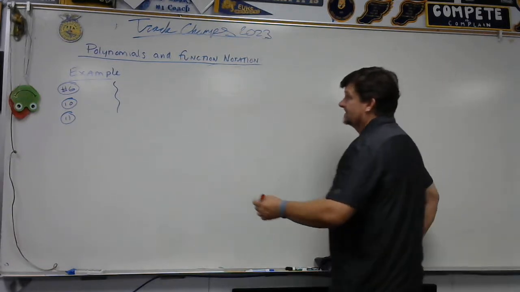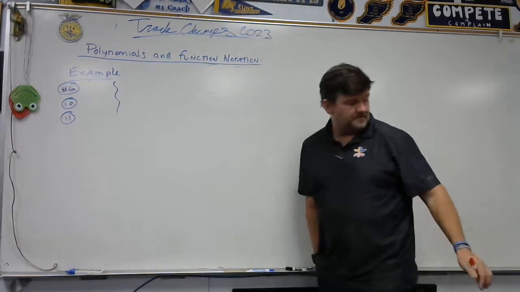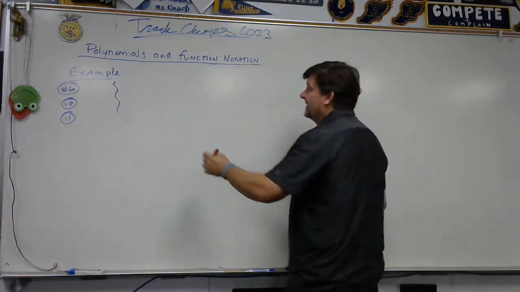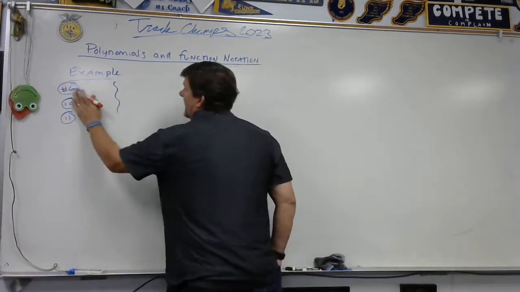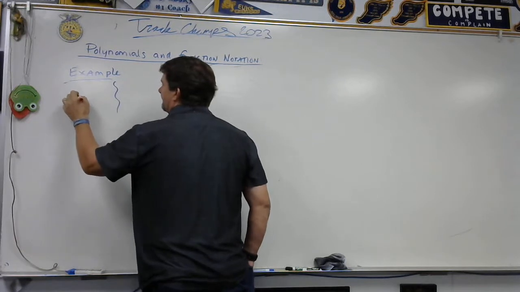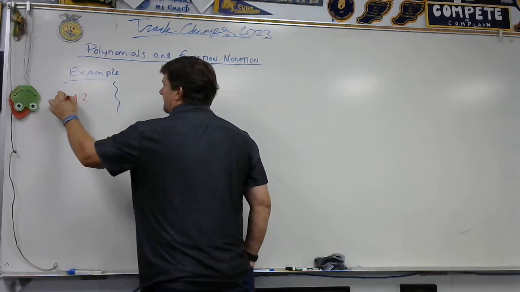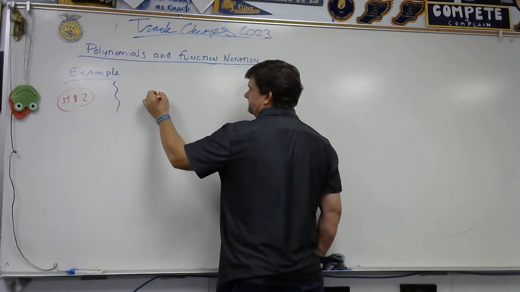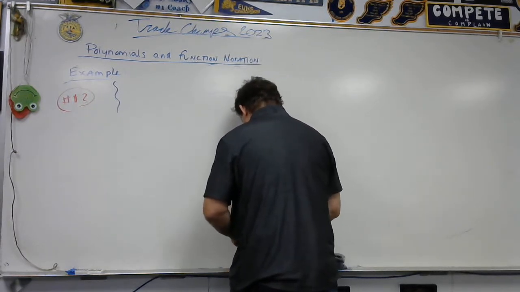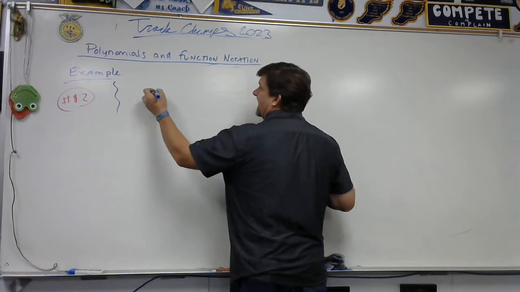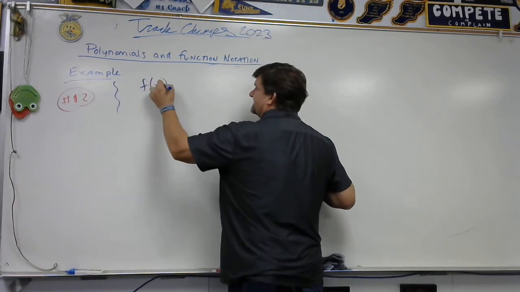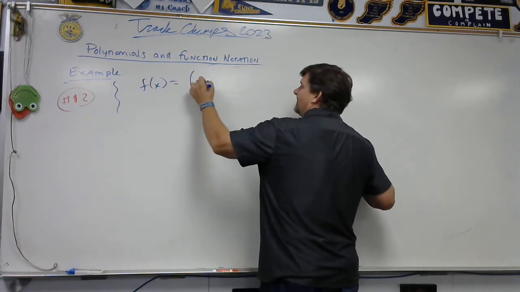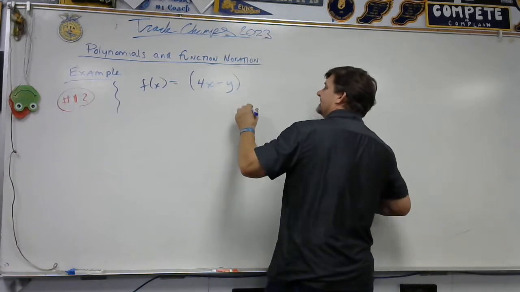All right, so let's do this one. I'm going to set this one up for you. So number 12, this is an example for number 12. And it's the last one of the day, so let's just mess around with this. So I've got f of x is equal to (4x minus y) cubed.